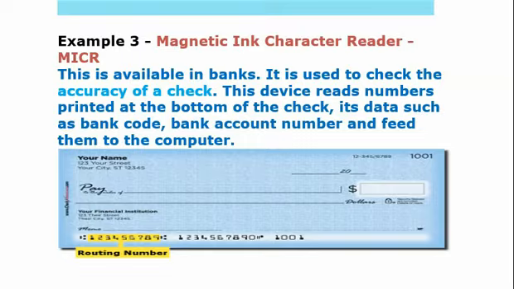Using the database information only, the validation is done. If there is no matching code, then the check will be rejected. So you do not need to memorize these things, right? Magnetic ink character reader means a special kind of ink is used to identify.